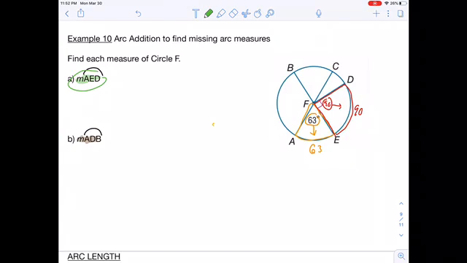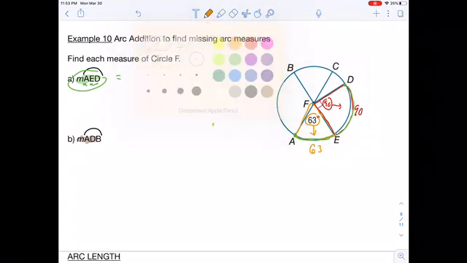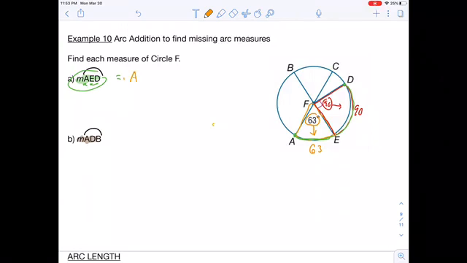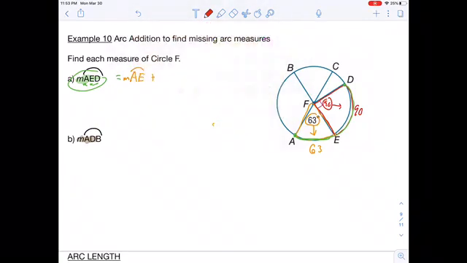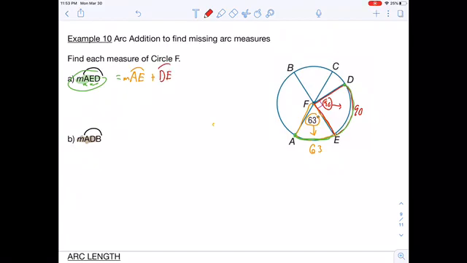So arc AED starts at A and ends at D, and E is in between A and D. So it goes A to E to D. And that green arc is made up of the orange arc, the measure of arc AE, and it's also made up of that red arc, arc DE.